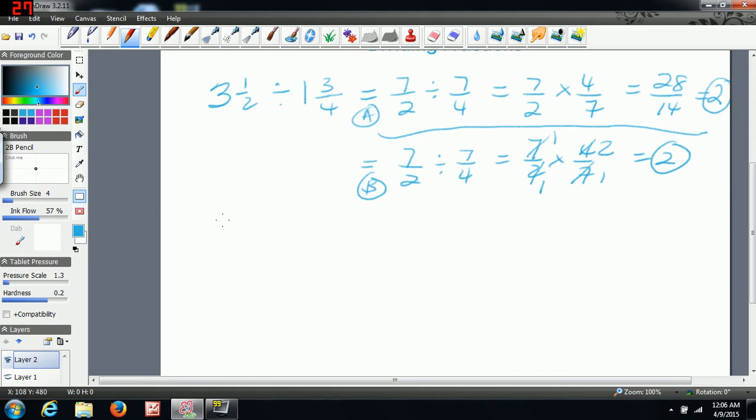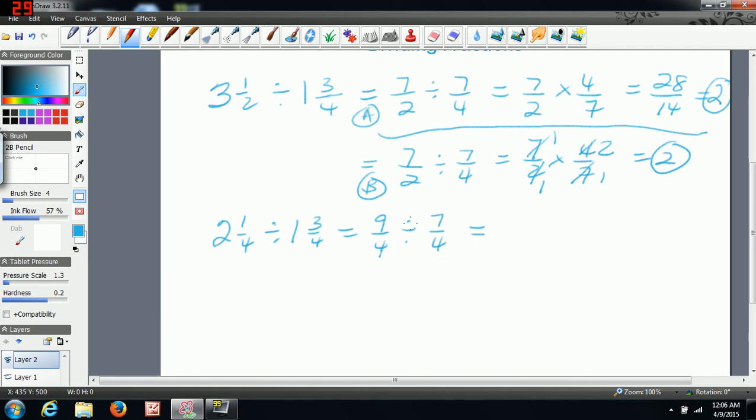Okay, we can try another example. 2/4 divided by 1 3/4. Change them both to improper. 4 times 2 is 8 plus 1 is 9/4. Divided by 4 times 1 is 4 plus 3 is 7/4.